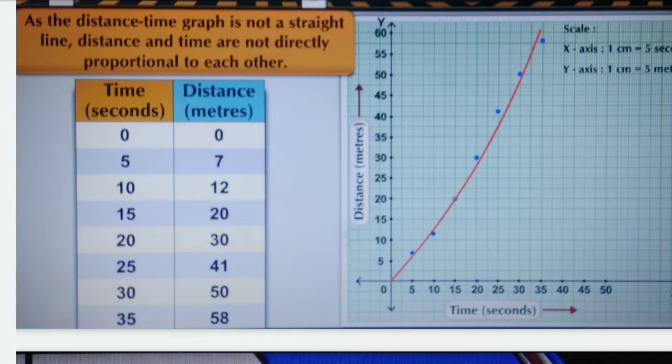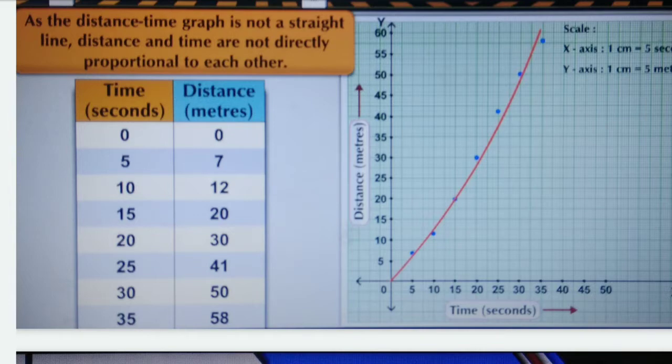But in this example, the car is not traveling the same distance in the same interval of time, and therefore if we plot the graph of this non-uniform motion, it is not a straight line graph, because distance and time are not directly proportional to each other. What is the meaning of direct proportion?